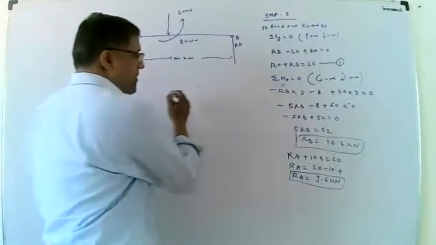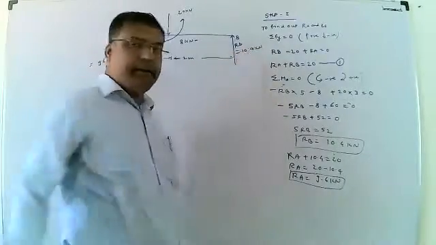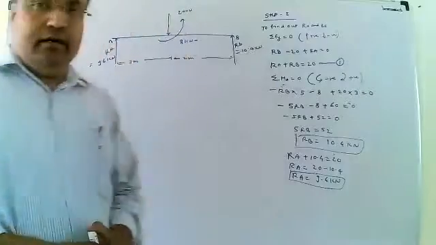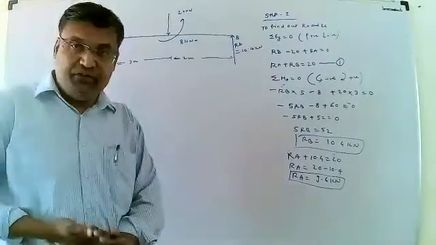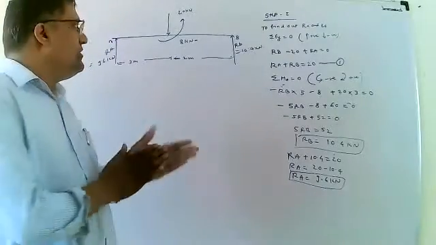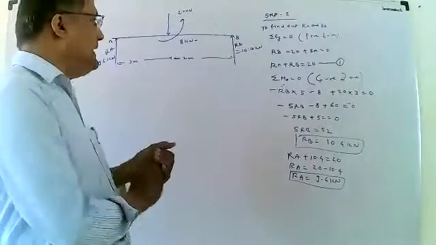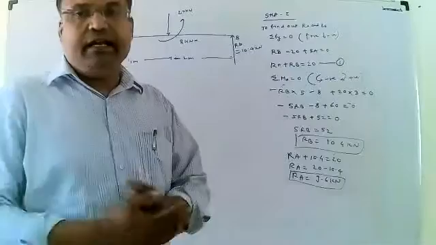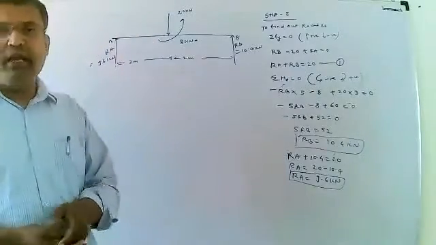This is how we first calculate the reactive forces at the supports A and B. Once we find the values of RA and RB, then we calculate SF and BM in the second and third steps.